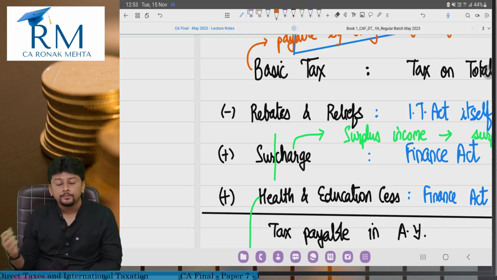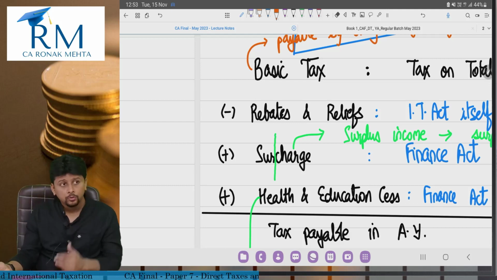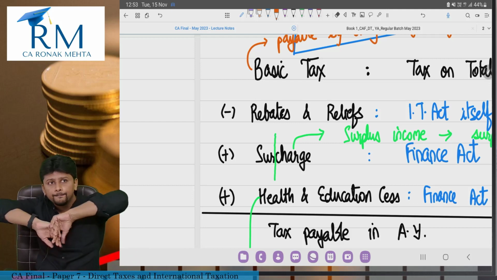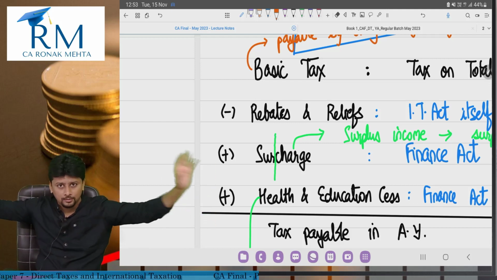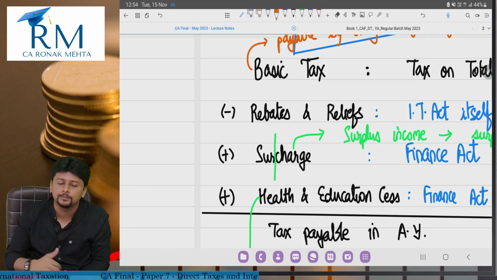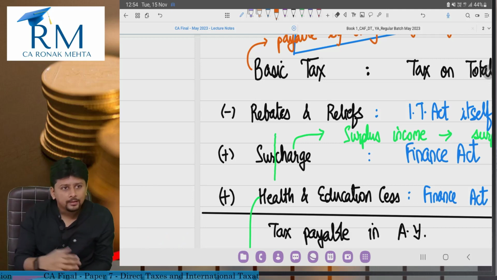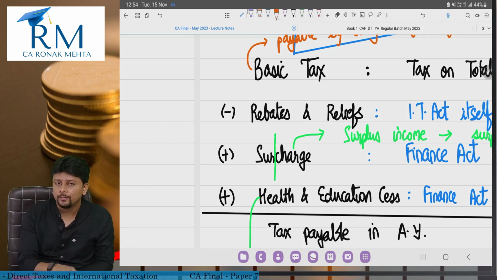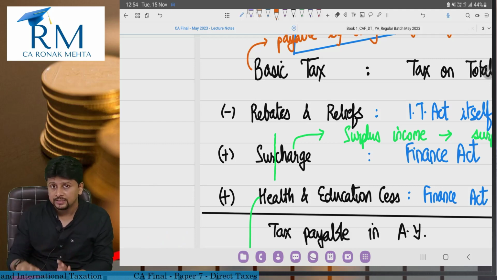But you could also be a student doing articleship in audit, completely divorced from income tax for the last 1.5 years. For such a student it will act as a formality, but it is a necessary formality that I'll have to do, where I discuss the rates of tax.